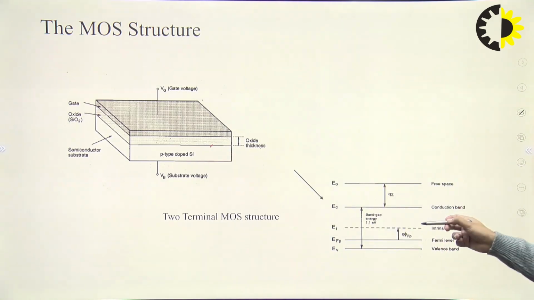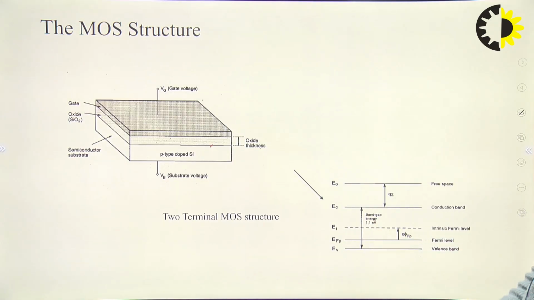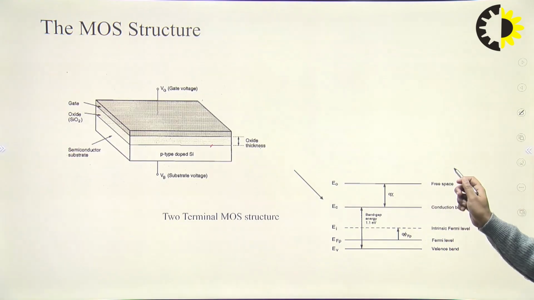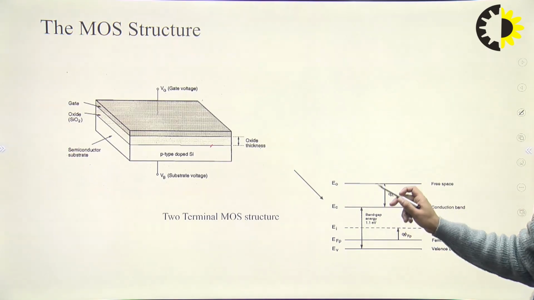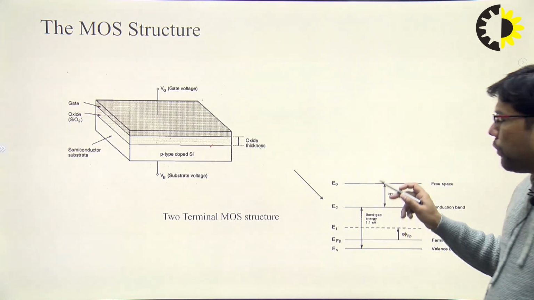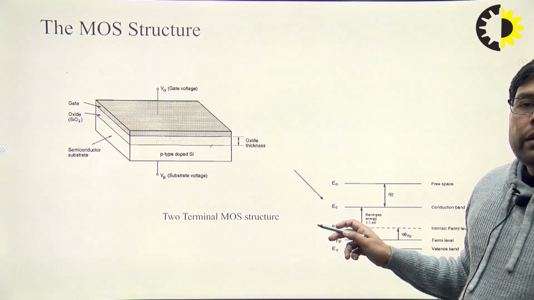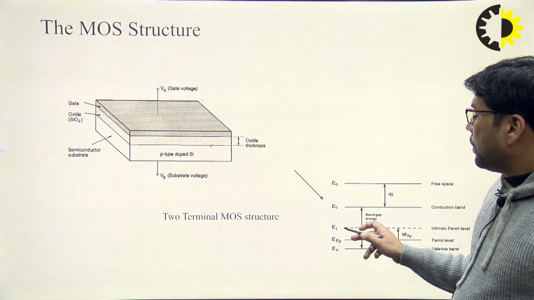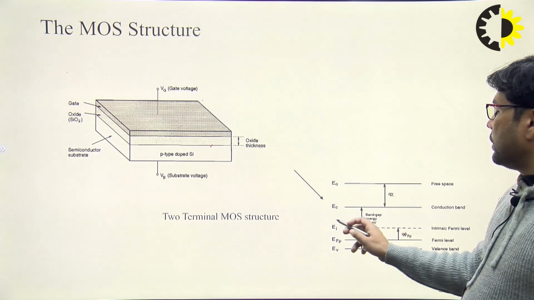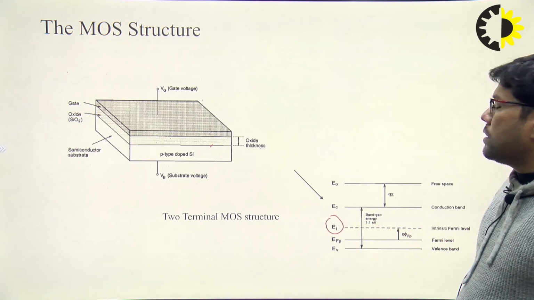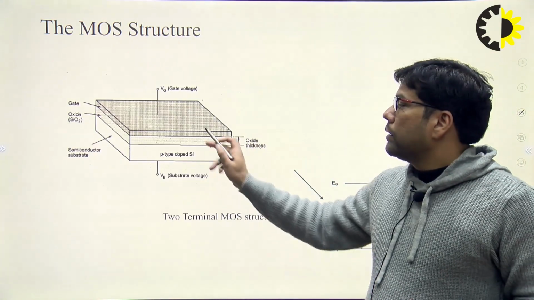So as you can see, this is the valence band, this is the conduction band, and this is the free space band we have. The gap in between the valence band and conduction band is known as the forbidden gap, right? And as we know, for the pure semiconductor, the Fermi level lies just in the middle of the forbidden gap. So this is the Fermi level for the intrinsic type, but here we have taken the p-type semiconductor.